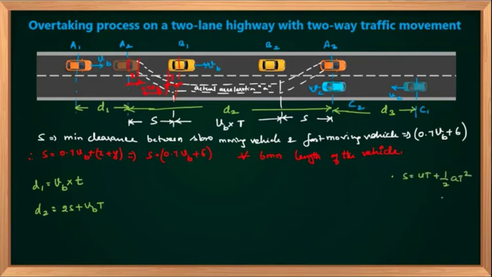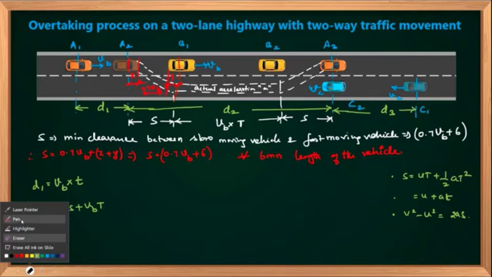In physics or engineering mechanics you would have studied. Next, v is equal to u plus at. Next, v square minus u square is equal to 2as. Is that clear? In this, you are going to use the first equation, that is S is equal to ut plus half at square, because only distance is known.